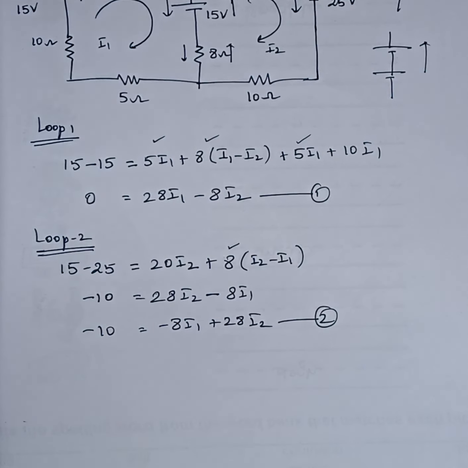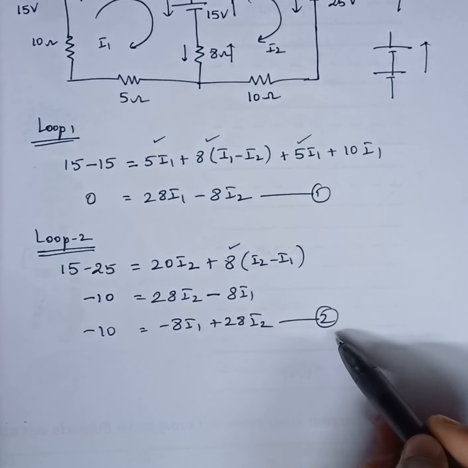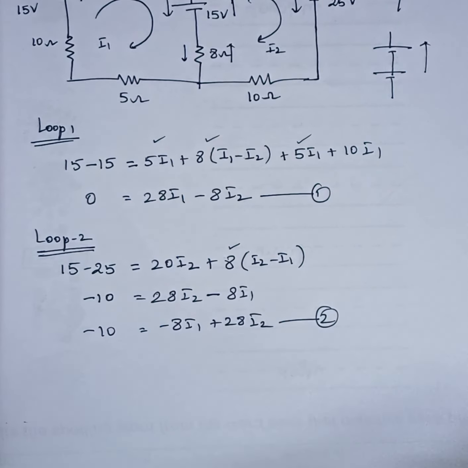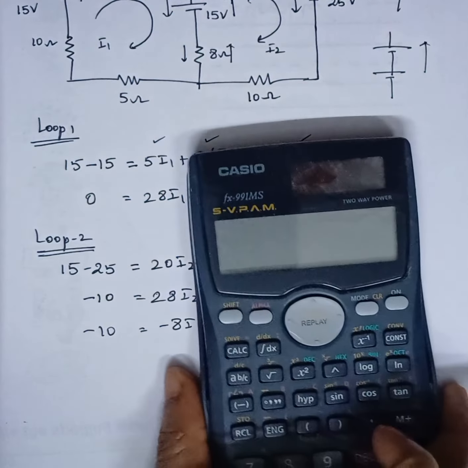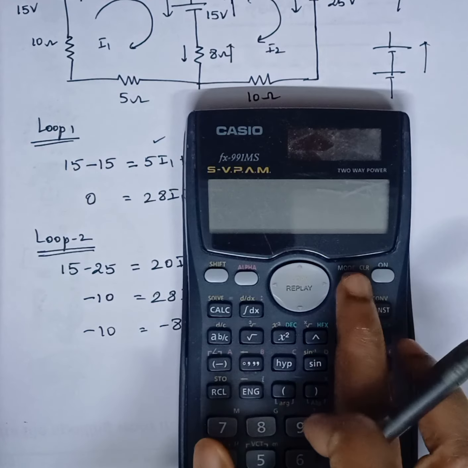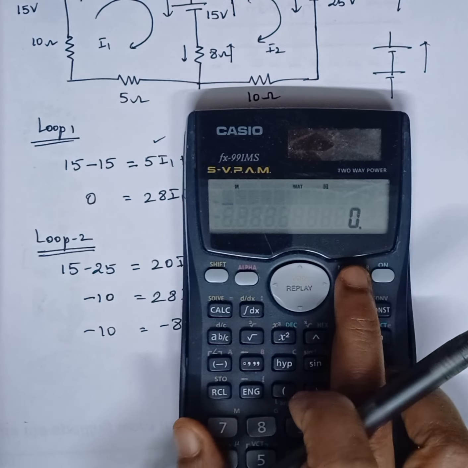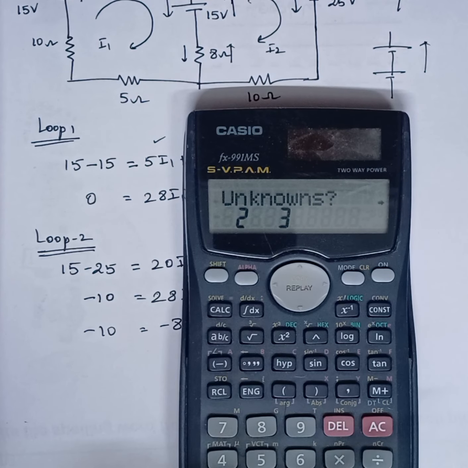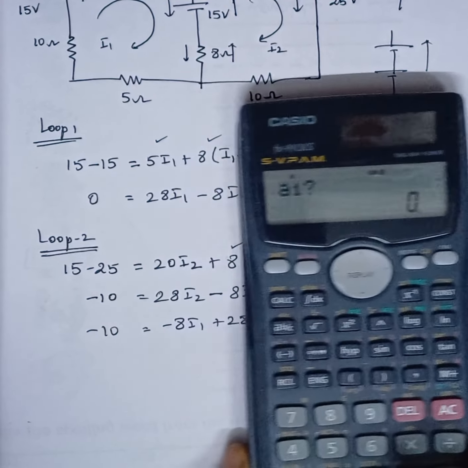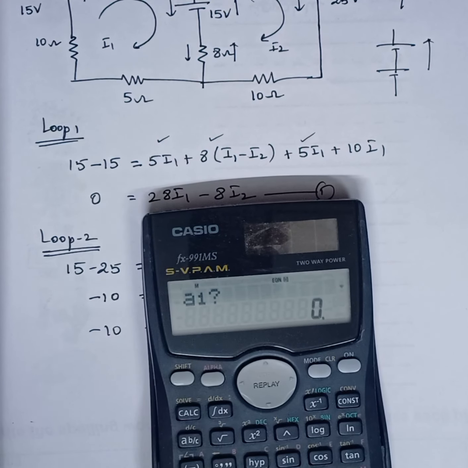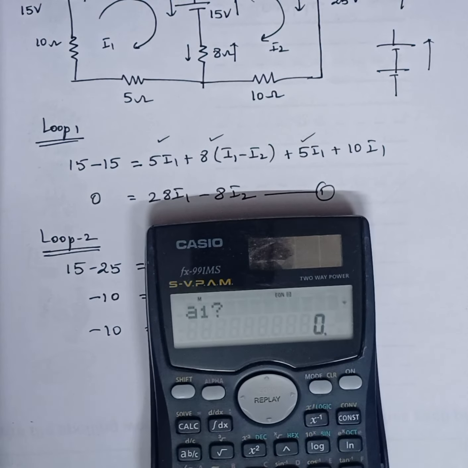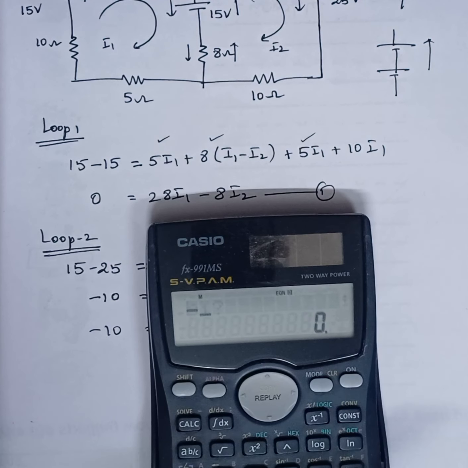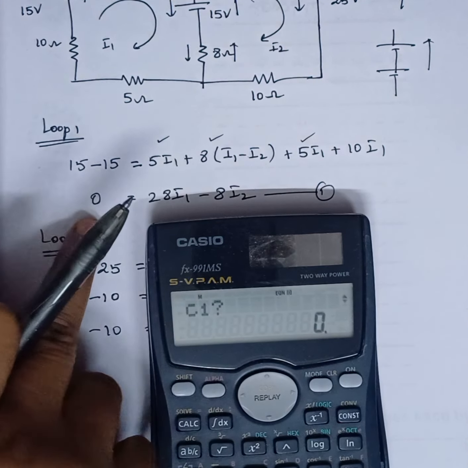Either we can go for Cramer's rule or just solve the equations using a calculator. As we have two equations with two unknowns, it is very easy to solve using the equation mode in the calculator. So I press mode, see here, and then the first equation, how many unknowns? We have two unknowns. A1 is the coefficient of I1, so 28, B1 is minus 8, C1 is 0.